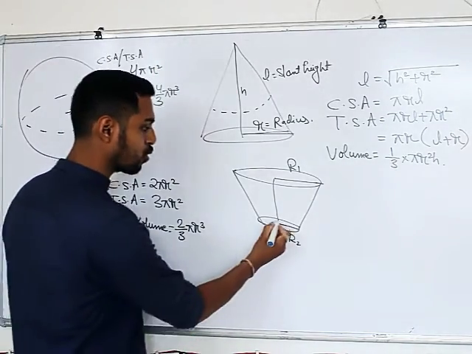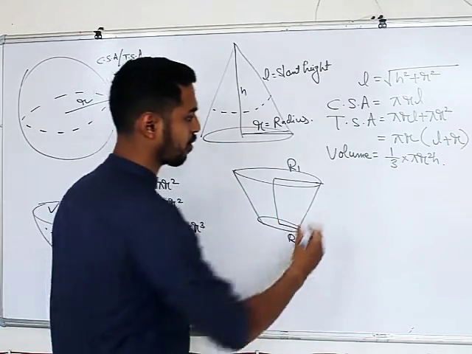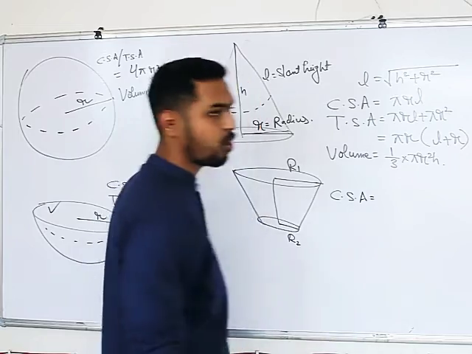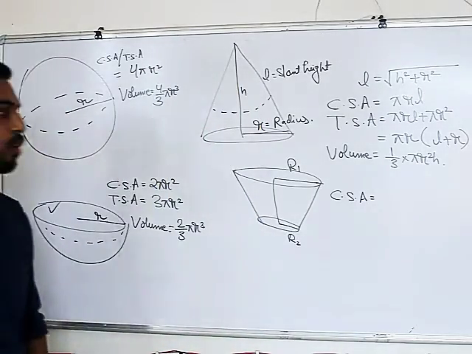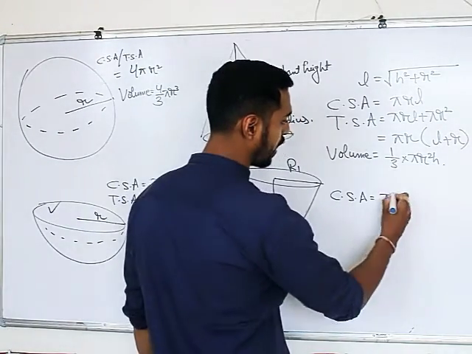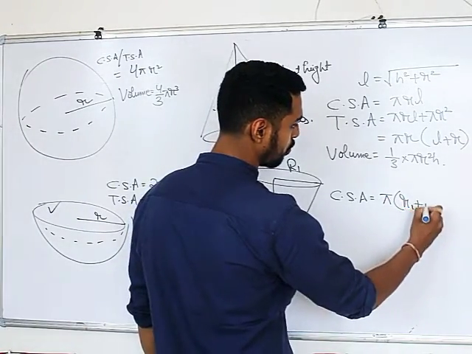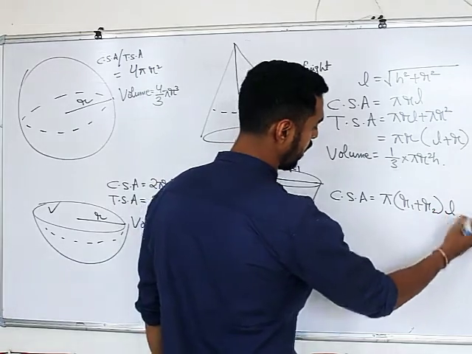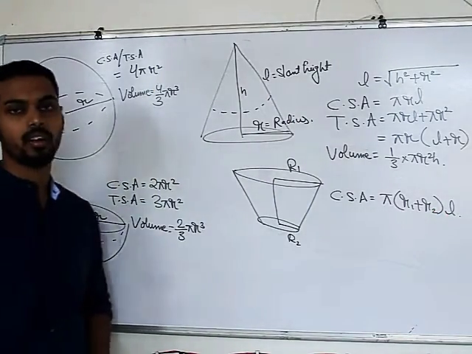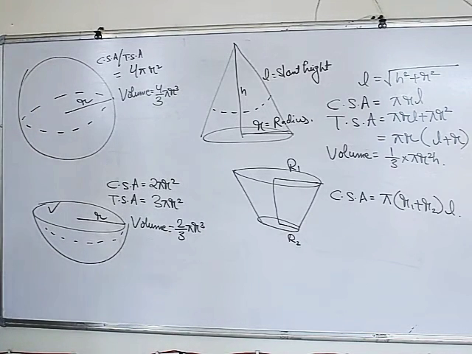So frustum CSA. In the place of just pi r L, we will write pi (R1 plus R2) L. Done.